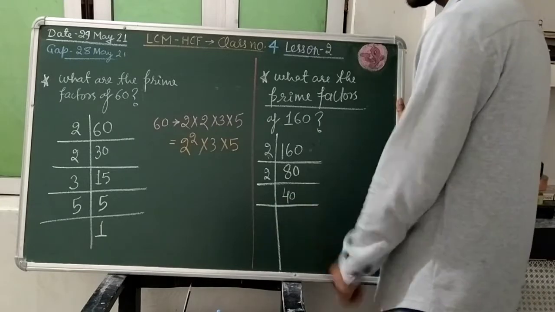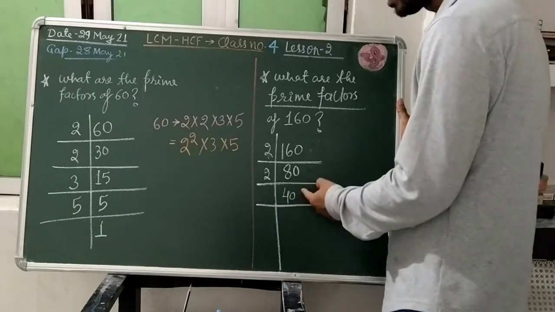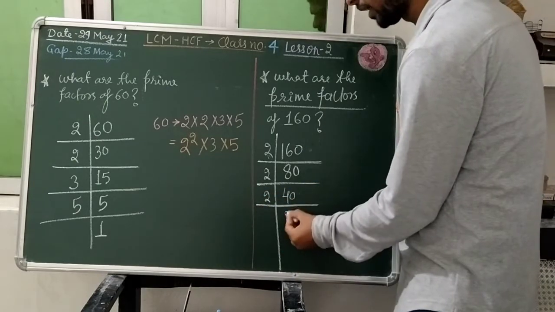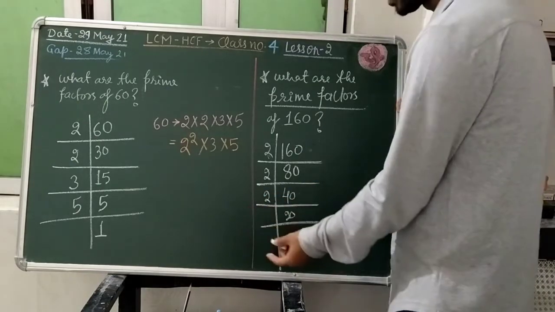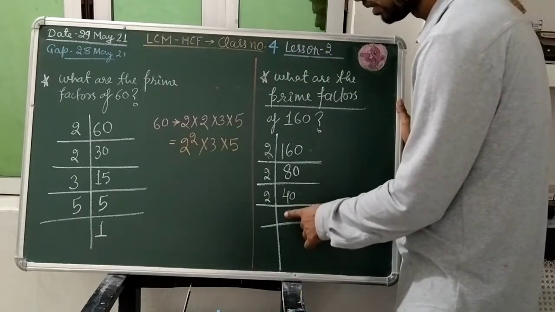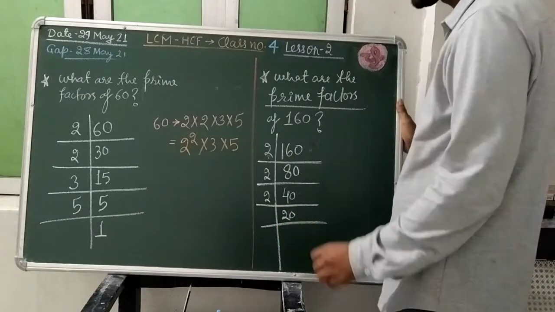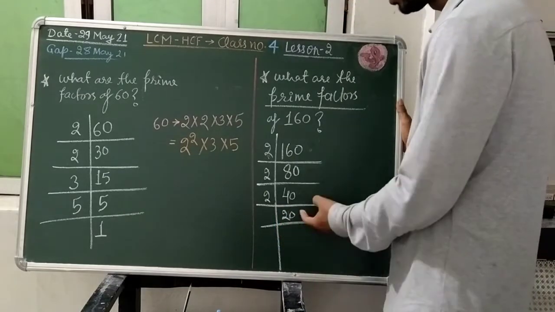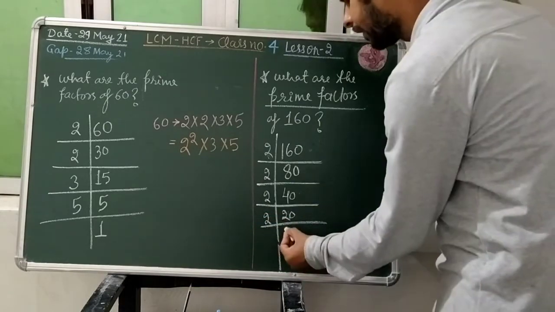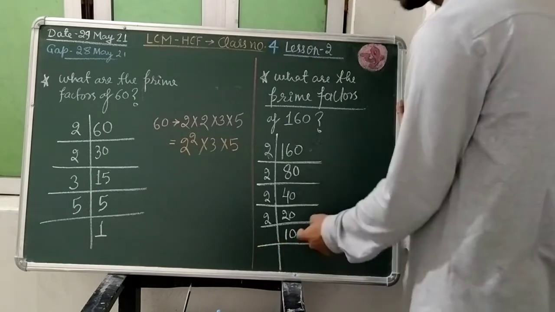So whether 2 is going to divide this 40, yes, 2 will divide it. It will go 20 times. Once again we shall move from 2 to 11, since 20 is a composite number, students. So whether 2 is going to divide it, yes. It will go how many times, students? 10 times. Again we are getting a composite number.